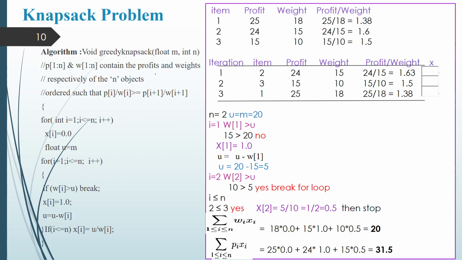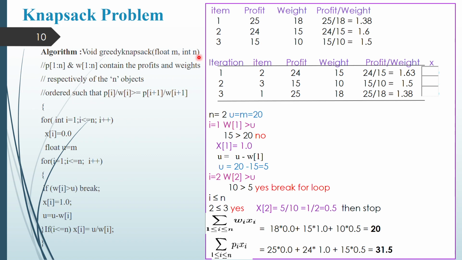So same problem, what are the items they gave here? These are the 3 items I have taken in the table. Item 1, 2, 3, and the profits of the items are 25, 24, 15 and the weights of the items are 18, 15, 10. First step is what? You take the greedy knapsack method.